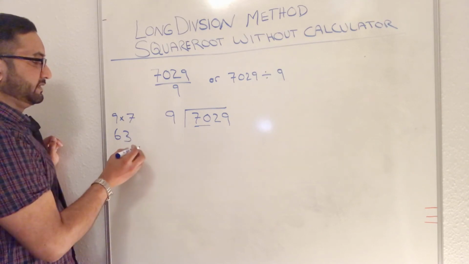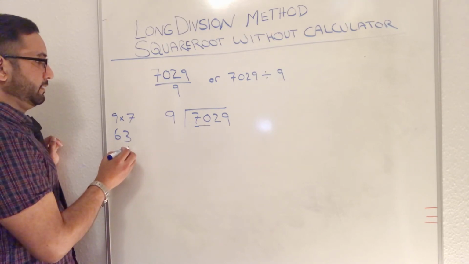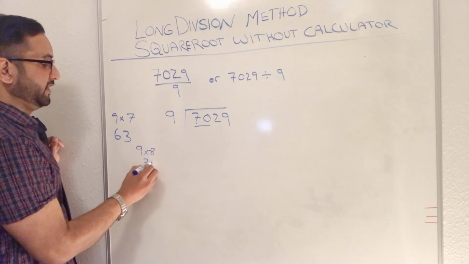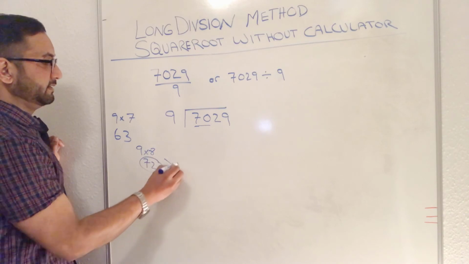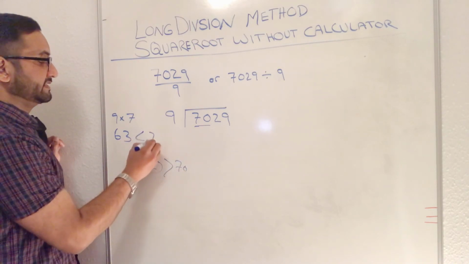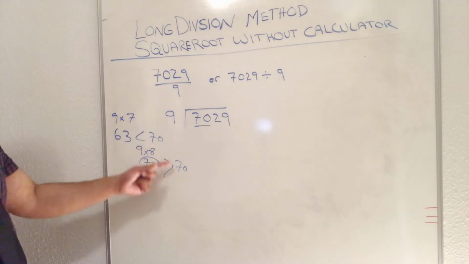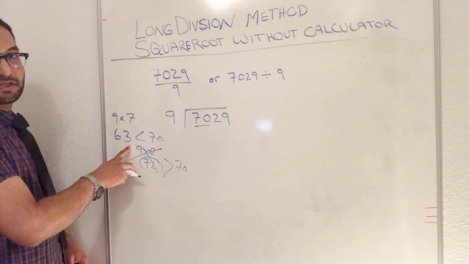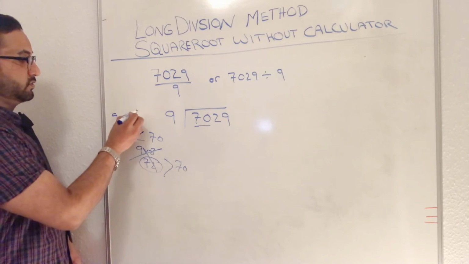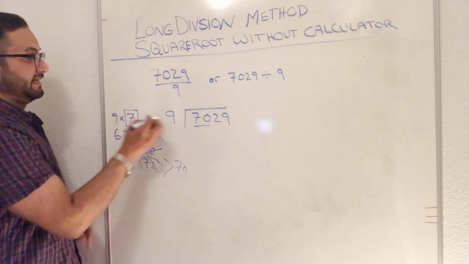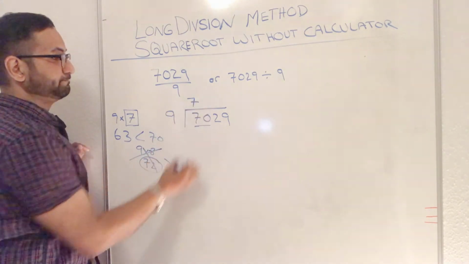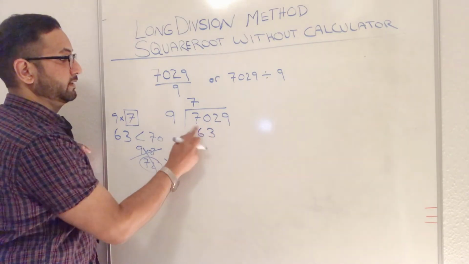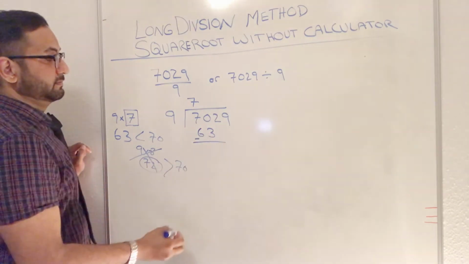If I go to the next one, 9 times 8 is 72, which is bigger than 70. Whenever it comes out bigger than 70, we cannot select that value. If it is less than or equal to 70, then we select it. So our multiplier is 7. 9 times 7 becomes 63.